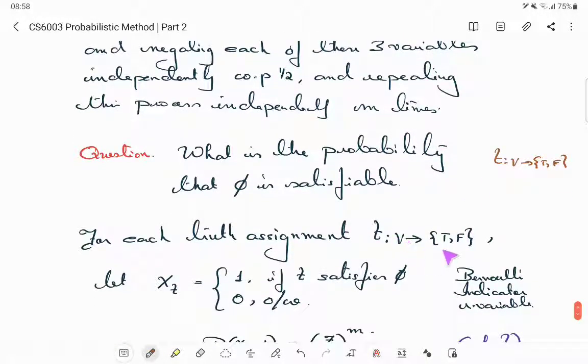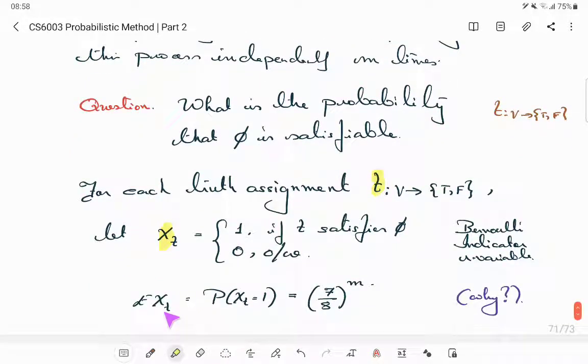And for each truth assignment, we will define a random variable. Each truth assignment t, we will define a random variable xt, which is 1 if t satisfies this formula phi, 0 otherwise. So what would be E of xt? What is the probability that a particular truth assignment will satisfy this formula? Remember, the randomness is not associated with the truth assignment.